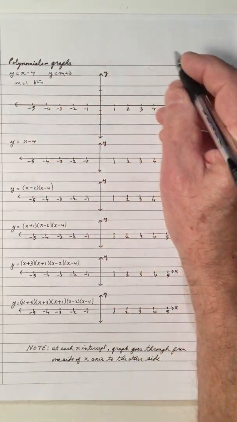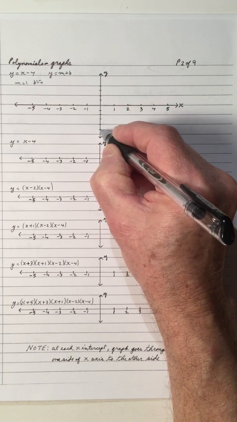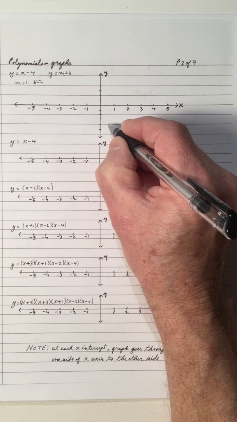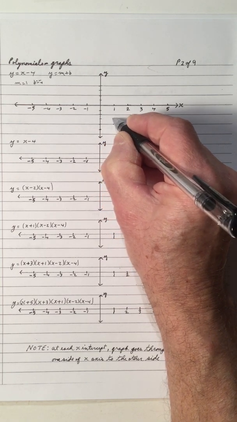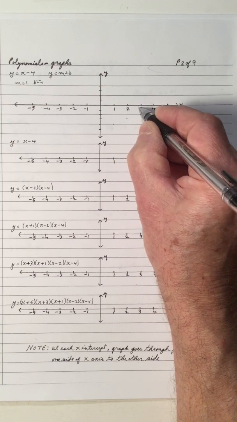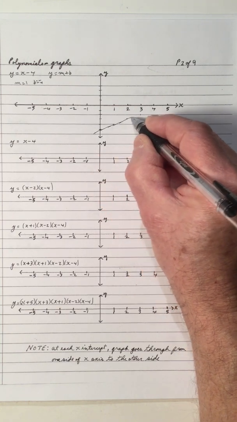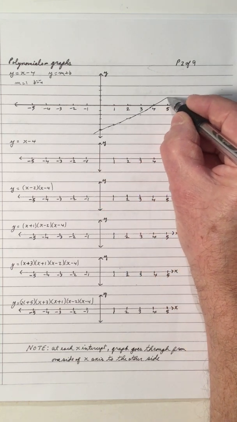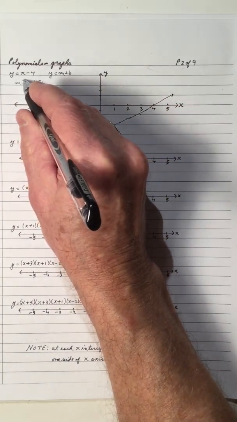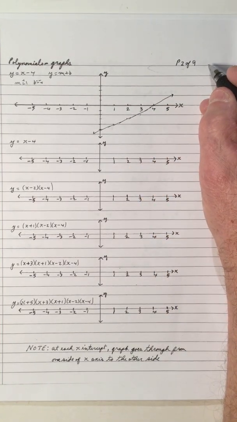We plot the y-intercept at -4, and the slope is up 1, right 1, up 1, right 1, and so on. This line is linear, and the slope is positive, +1, which means it's moving up to the right.